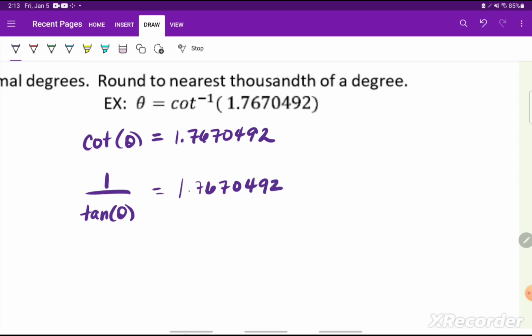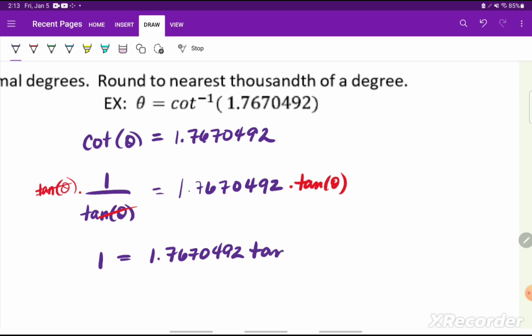I'm now going to multiply both sides by tangent to get that tangent out of the denominator. I will isolate the tangent by dividing both sides by the 1.7670492.